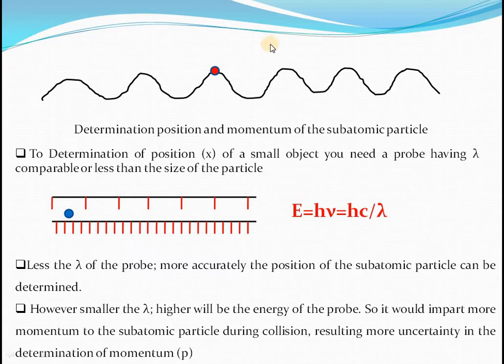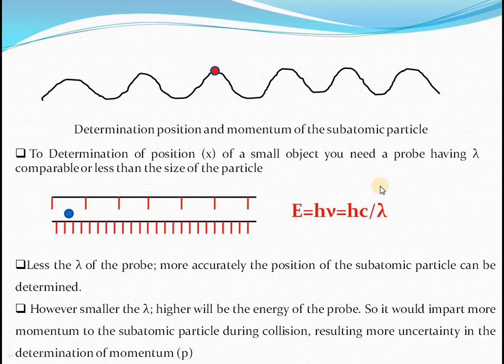So if we shine this particle with electromagnetic radiation having very small wavelength or high energy, this photon will collide with the electron, and if the photon has higher energy, it will impart more energy to the electron also. So its momentum will change.